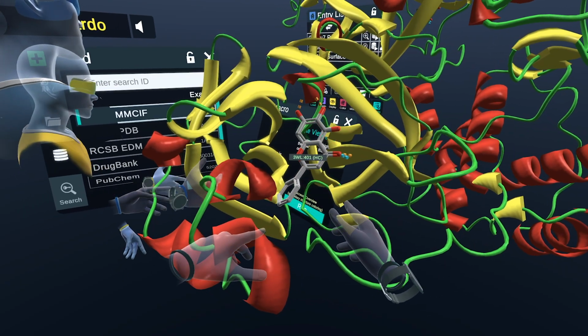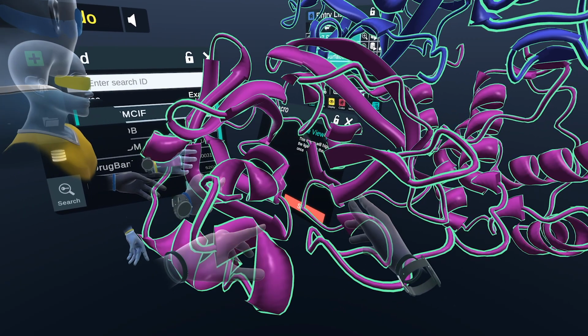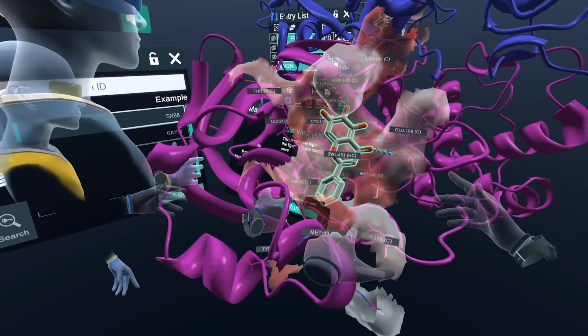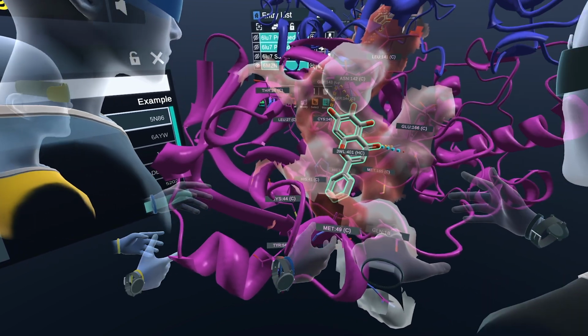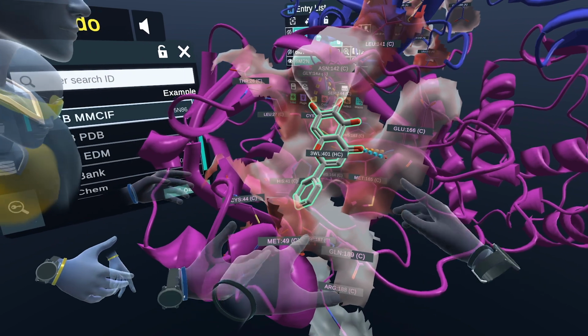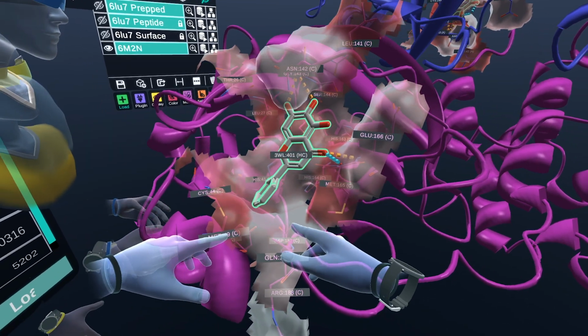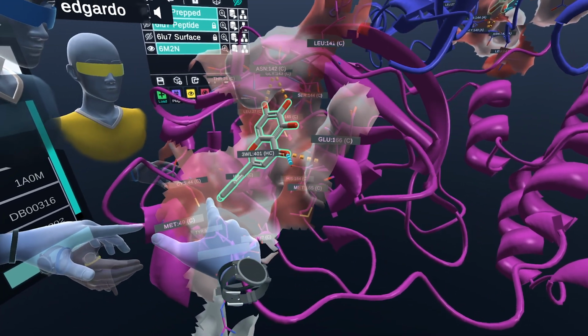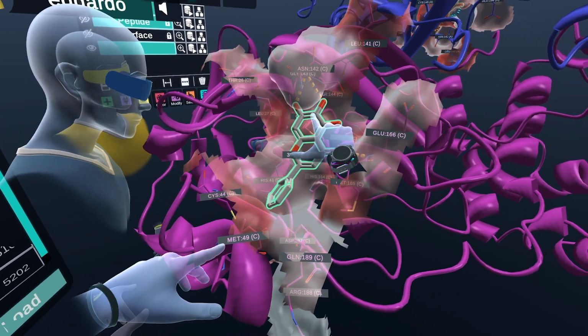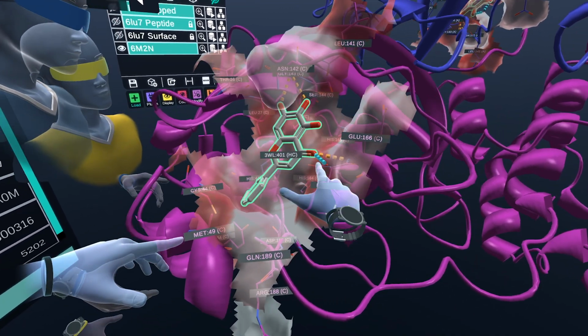As you can see here, this is the ligand, the 3WL, that interacts exactly in the same binding pocket of the covalent ligand, but without any interaction with the cysteine. Correct.